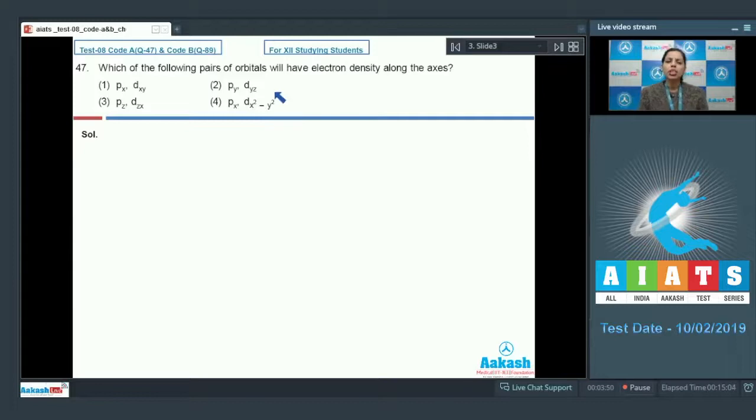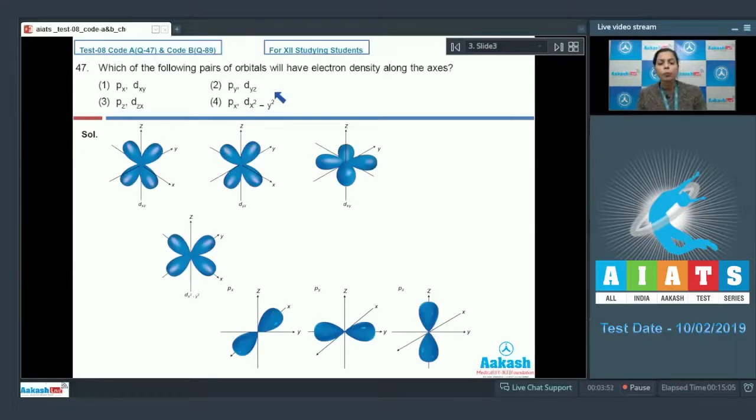You just have to look at the structure of the p orbitals as well as d orbitals. You will identify that this px orbital is axial. It means electron density is there along the axis. While if we talk about dxy, the electron density is between the axes, between the x and y axis. So in this case, you cannot say that density is along the axis. So we can leave this option.